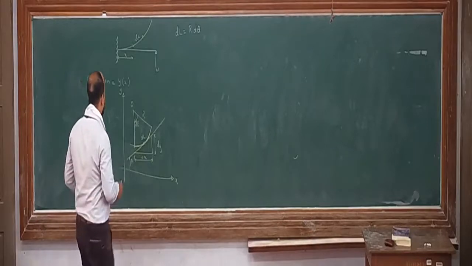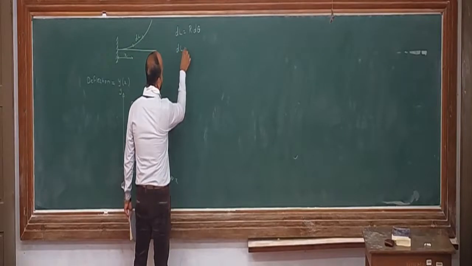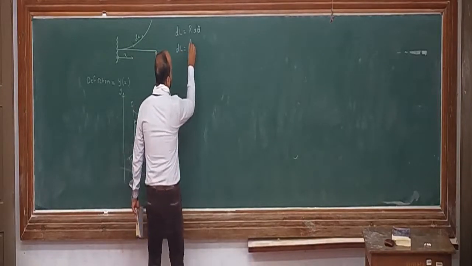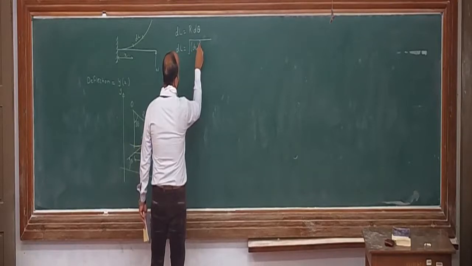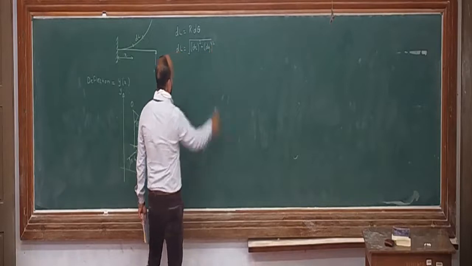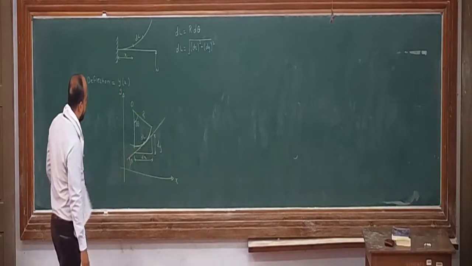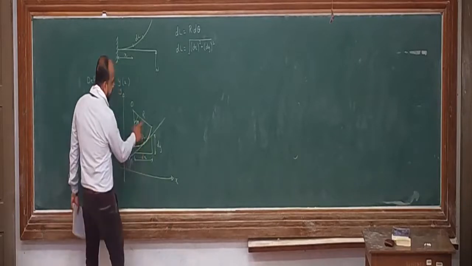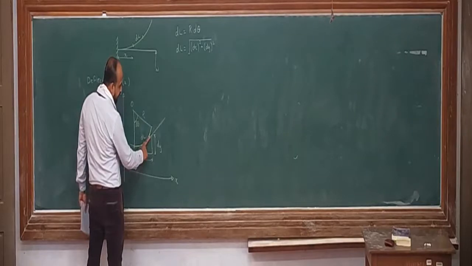Similarly, dl is also equal to under root dx square plus dy square. See here, I have taken r into d theta. Those are the projections I have taken. This is dx and this is dy.